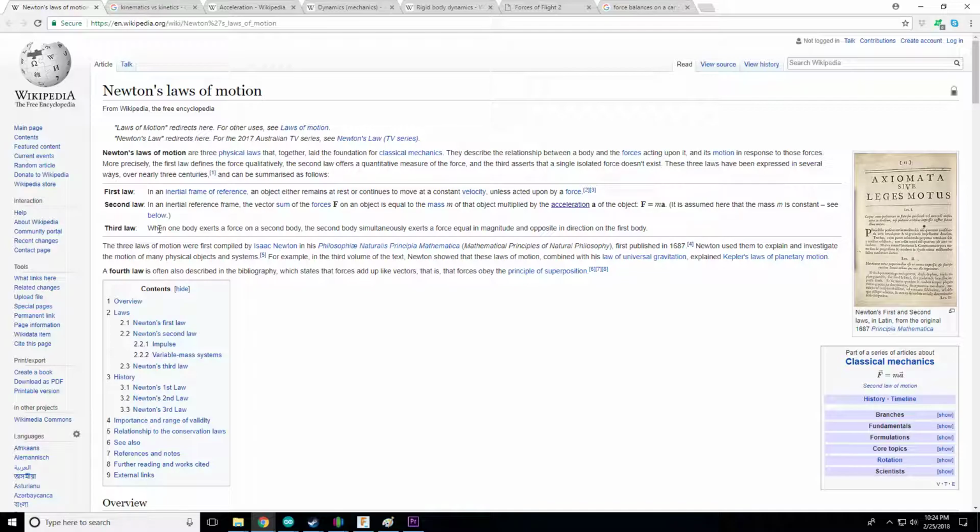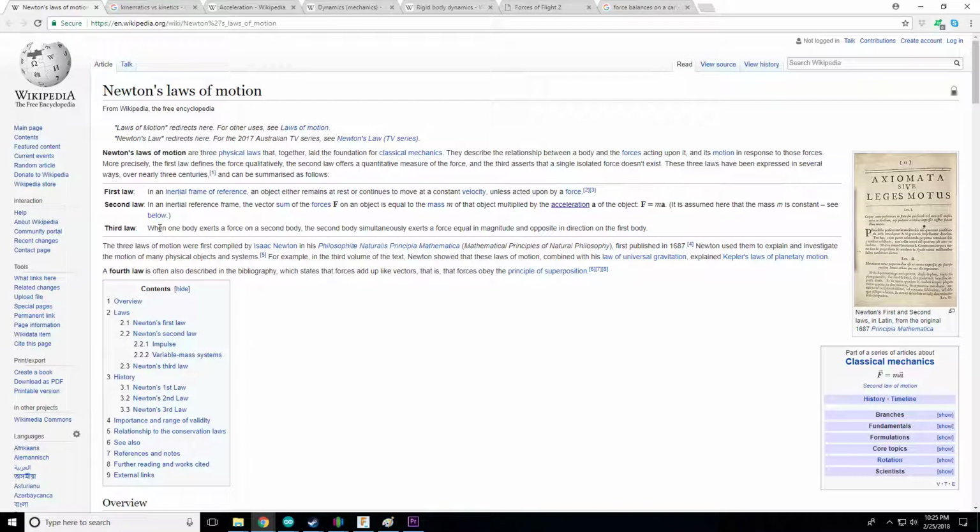Third law: when one body exerts a force on a second body, the second body simultaneously exerts a force equal in magnitude and opposite in direction on the first body. Basically what that means, and I think they're missing some wording in there, is if you have, for example, a wall or a floor or a building or let's say a car, I'll explain the car in a second, but if you push yourself, with no assistance or anything like that, on the side of your house, is the house going to move?